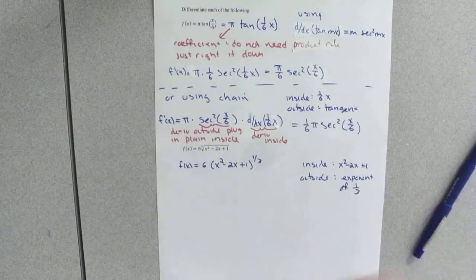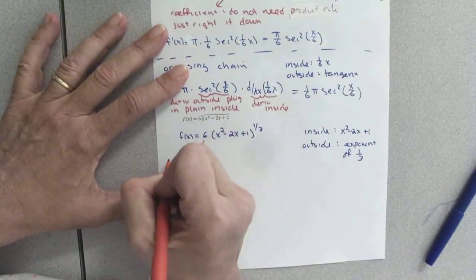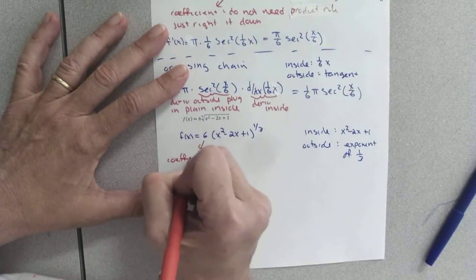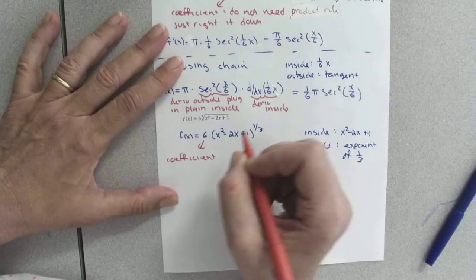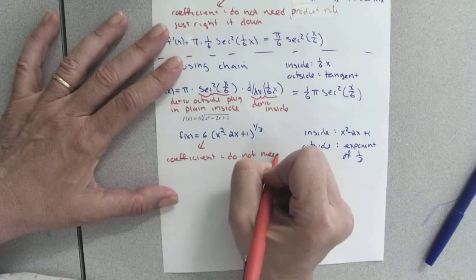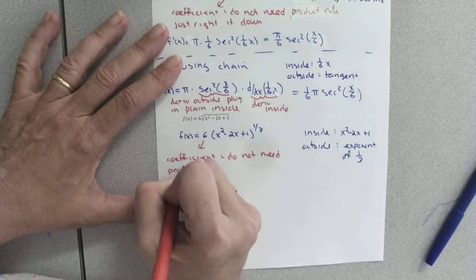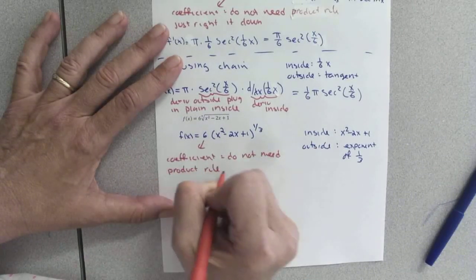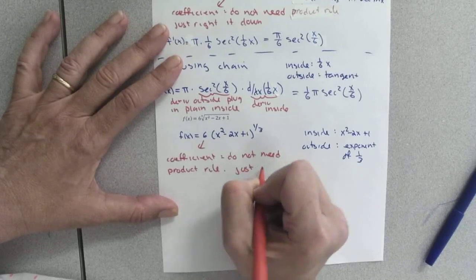And so I do a chain rule. And again, that 6 is just a coefficient. Do not need product rule. Just write it down.